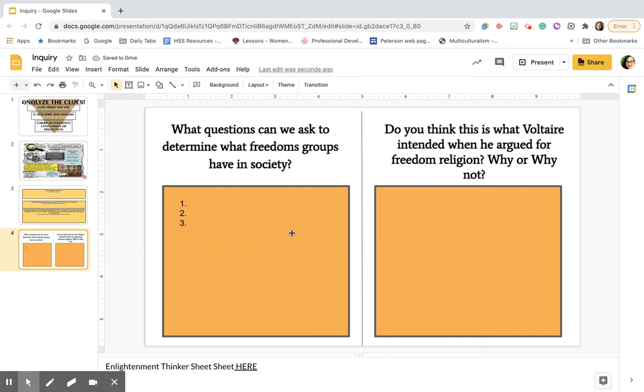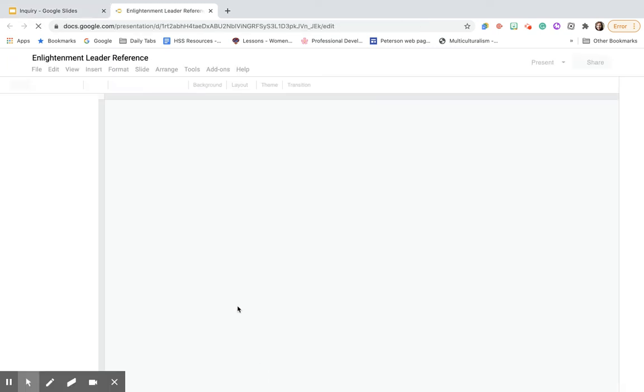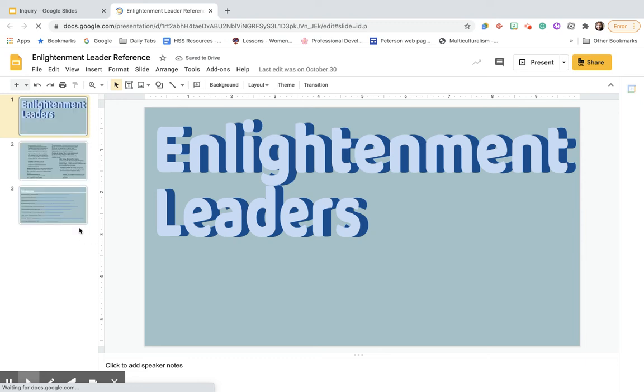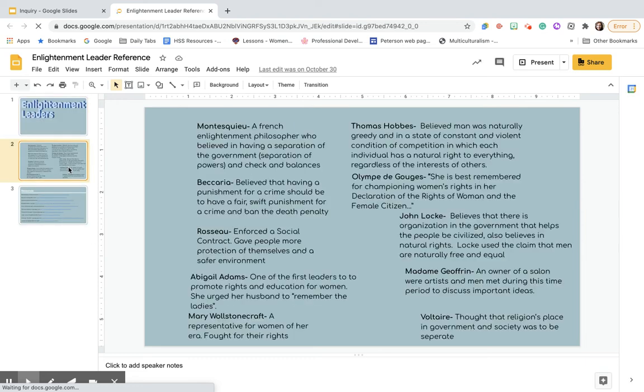Then I want you to think about Voltaire. Remember, Voltaire argued for freedom of speech, expression, and religion. Do you think this is what Voltaire intended when he argued for freedom of religion? Why or why not? If you don't remember, you can go back into the speaker notes and look back at Voltaire to remind yourself.